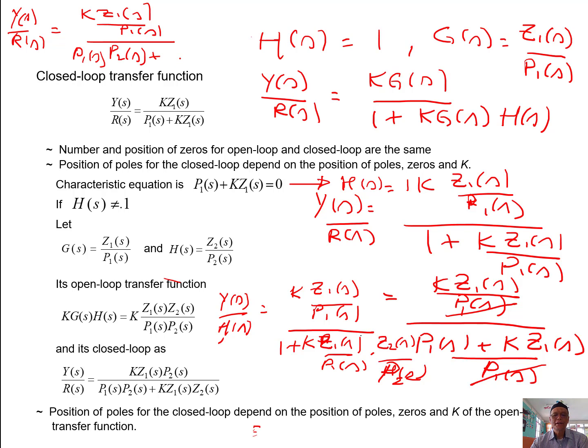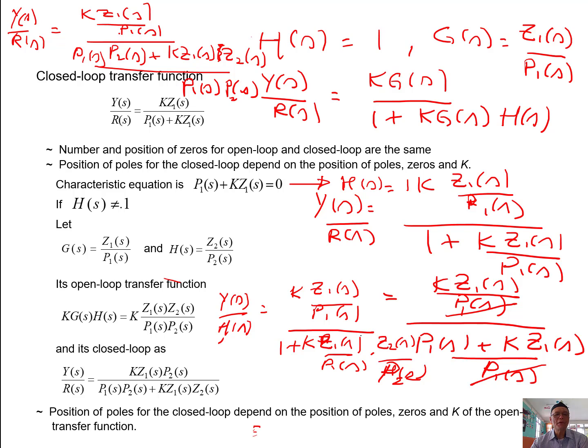plus K Z1(s) multiplied by Z2(s), over P1(s) P2(s).